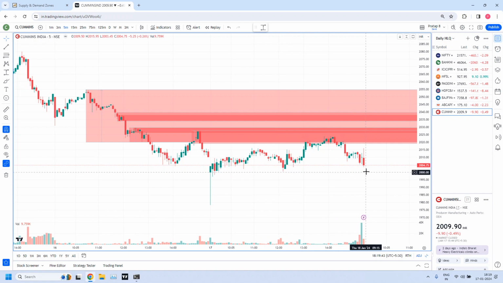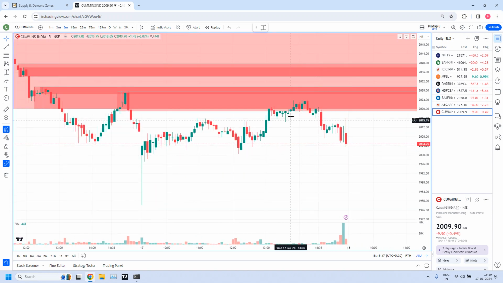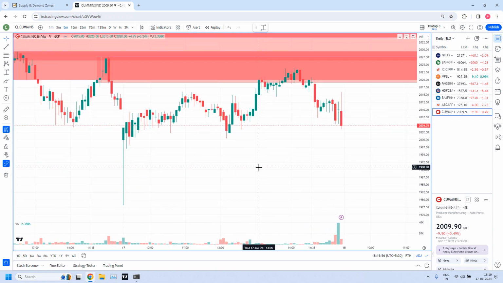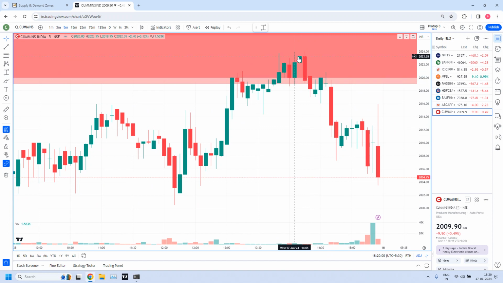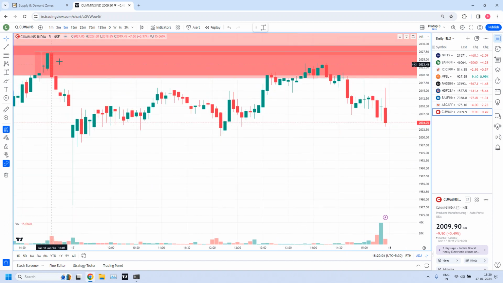But otherwise it would have given some profit. But anyway, zones having bad structures might work once in a while. Let me tell you why it worked. The reason is, today a fresh rally based drop was created. It's not because of the pending orders.